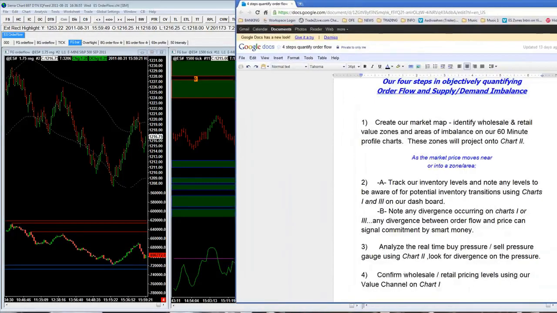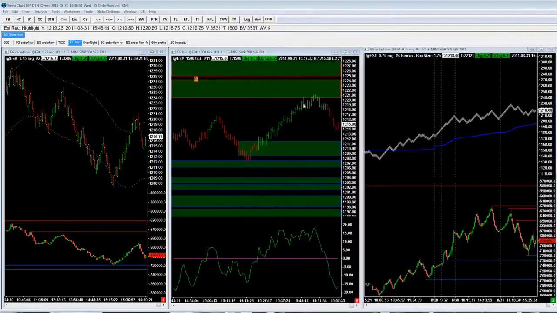That's option 2A. 2B, with divergence, let's say the market is coming up into a zone, but we're seeing divergence in the inventory here and or here. Again, as the market's coming into a previous area of supply, this is an area where sell orders proved themselves previously. This is retail pricing. Smart money sells retail.